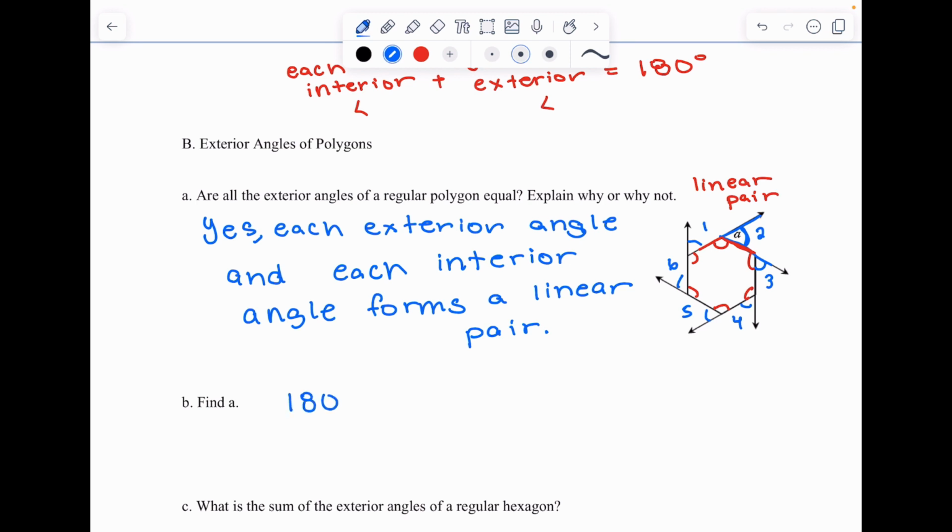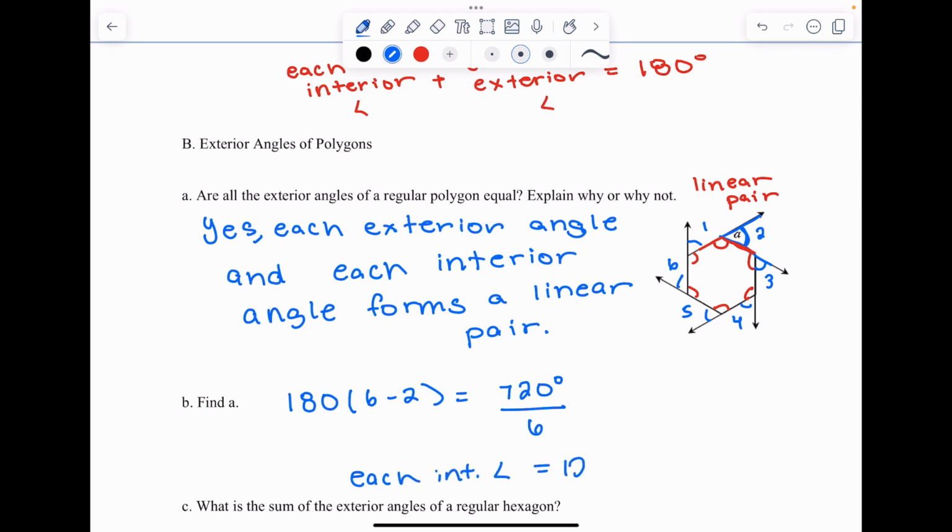So I am going to multiply 180 times 6 minus 2, which tells me all of the interior angles add up to 720 degrees. To find out what each interior angle measures, I'm going to divide 720 by 6, and this tells me that each interior angle measures 120 degrees.